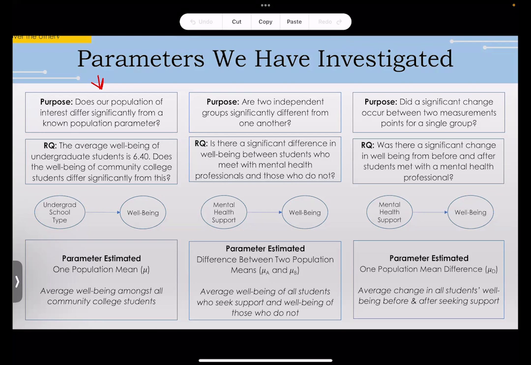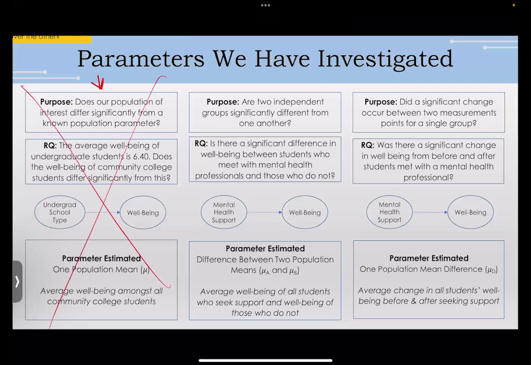So our research question might be something like, the average well-being of undergrad students is 6.4. Does the well-being of community college students differ significantly from this? We're estimating a single population mean, right? Which is the average well-being amongst all community college students. This is what we did pre-midterm, right?